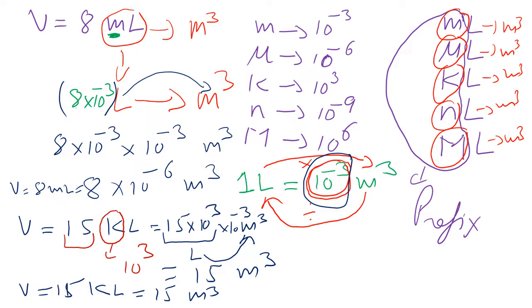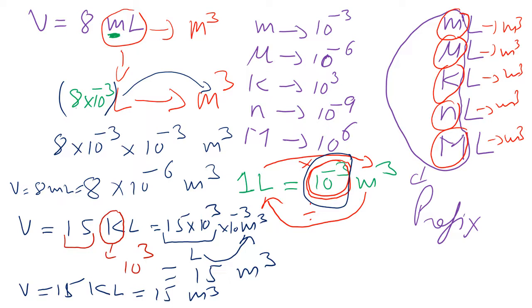So if you are changing from liter to meter cube, you multiply by this number, and if you are changing from meter cube to liter, you divide by this number. This is the rule to change from liter to meter cube or meter cube to liter. Here the number in liter is 8 into 10 to the power minus 3.